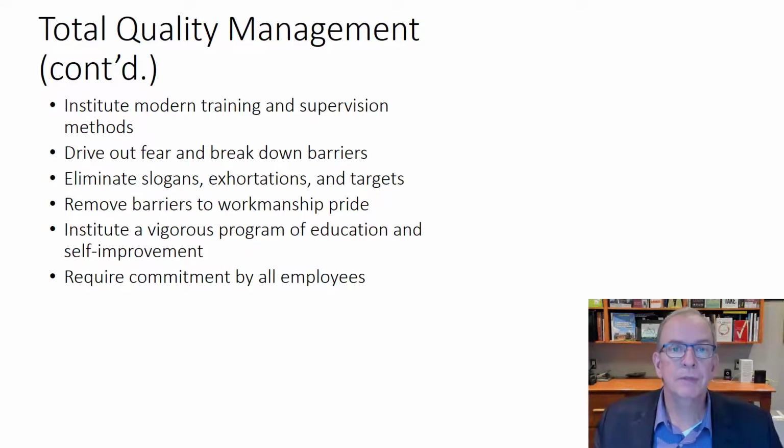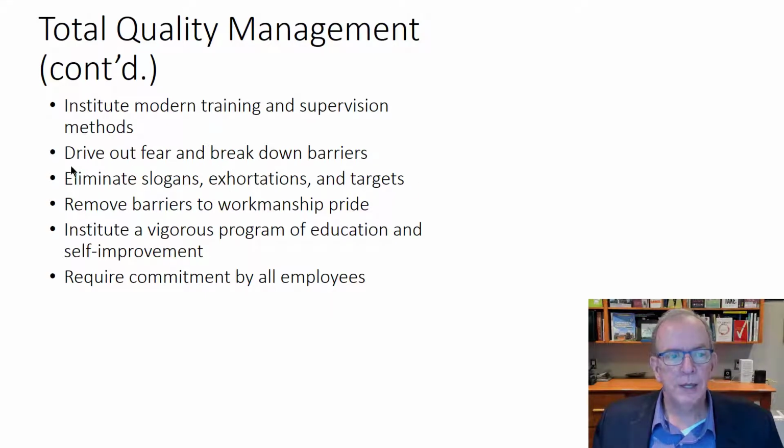If they see something that's wrong, it's that saying again, if you see something, say something. They don't worry about saying something. They stop the line. There's a team that immediately goes to try to resolve the problem, and they fix it, rather than let the problem keep running through the system, and then you've got a bigger problem later on. So drive out fear, break down barriers.